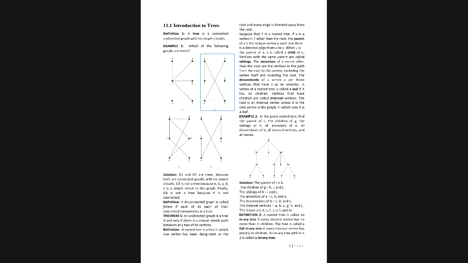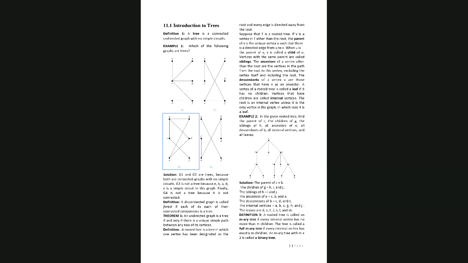What about the third graph? Number one, see this graph is connected. Yes, mean it is juz wahid. Okay. Second, undirected. Yes, there is no arrow. Third one, does it contain a circuit or not? Let's see.